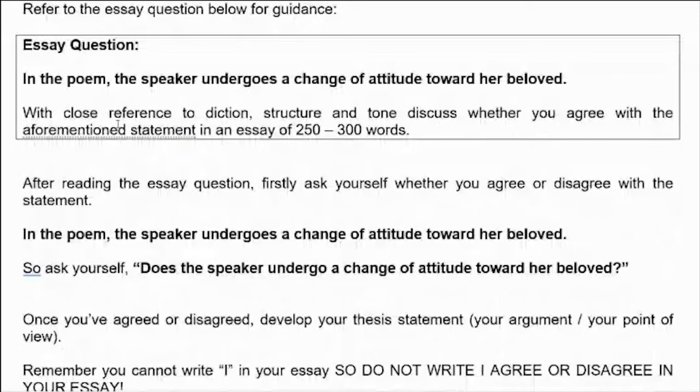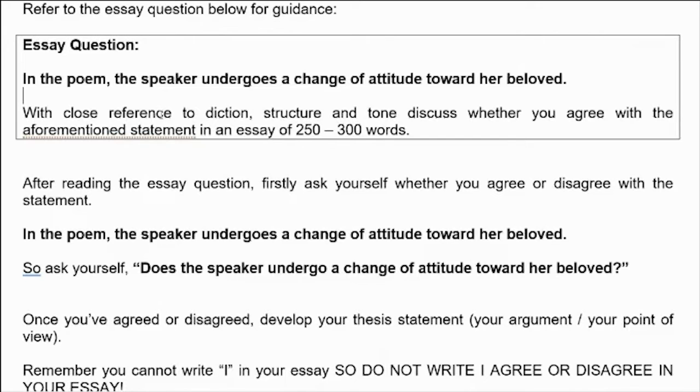What do you do when you get the essay question? How do you plan? The essay question states: in the poem, the speaker undergoes a change of attitude toward her beloved, in the poem Remember. This is the statement. An essay question always begins with a statement, a literature essay question, and you now need to give your opinion on that statement.